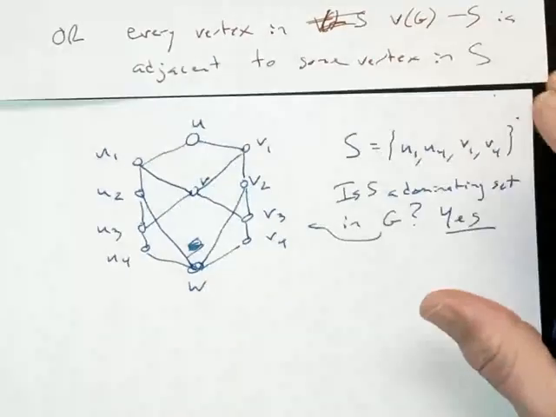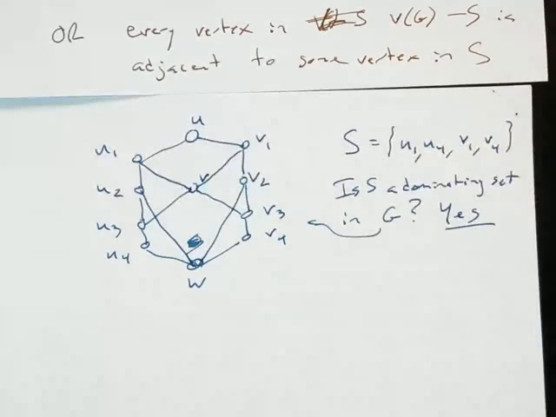I would like you to find me another dominating set. Let's play name that subgraph. I can do it in 3 vertices instead of 4.